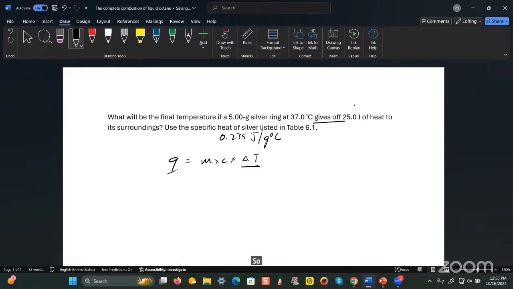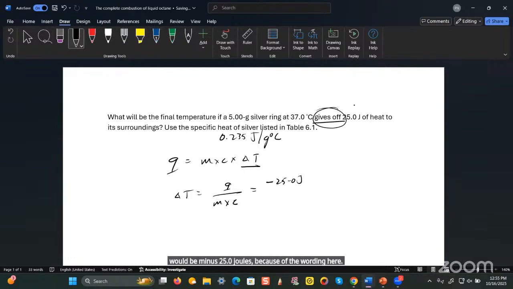So I would rearrange this equation to get delta T is equal to Q divided by M times C, all right? Now, according to the question, Q would be minus 25.0 joules because of the wording here. It says gives off, right? So that means that the ring is losing heat, which means that the value of Q would be negative as far as the ring is concerned.